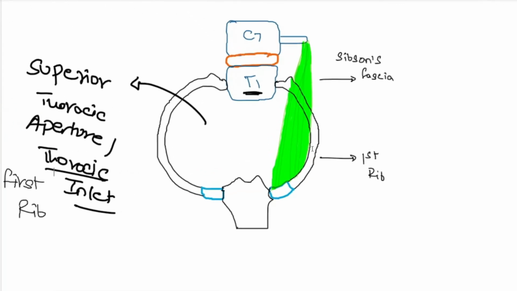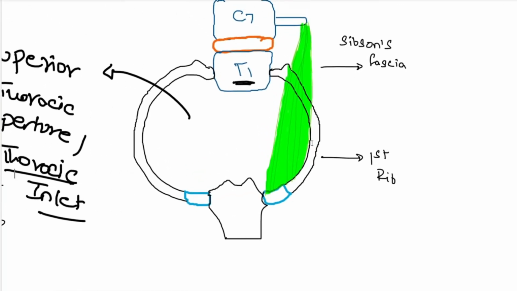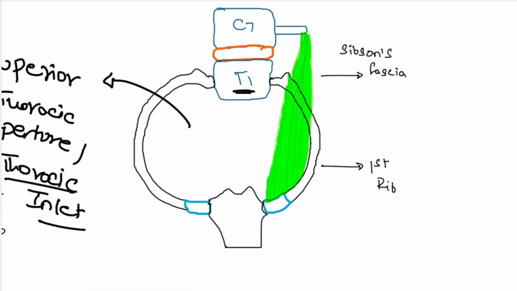Now as you can see, the Sibson's fascia is originating from the transverse process of the cervical 7 vertebra, and it is inserting on the medial border or the internal border of the first rib.